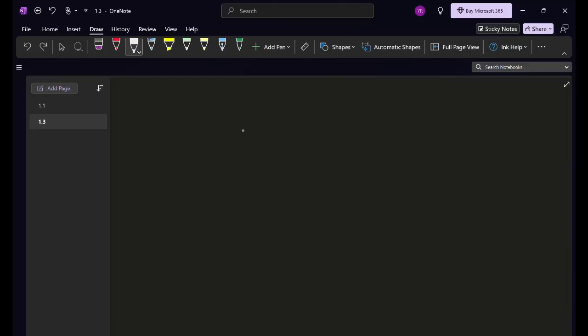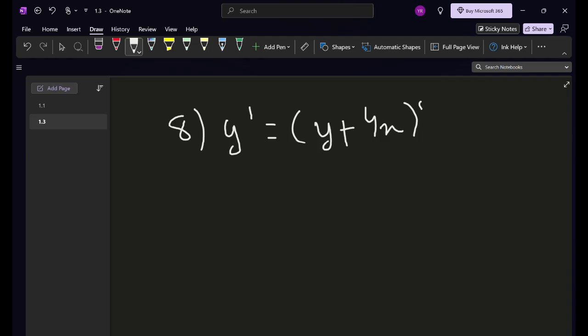Now for the eighth question. The question is given as y dash is equal to y plus 4x to the power square. As we can see, there is an addition term given over here, so it cannot be done by variable separable. So we are just gonna take y plus 4x as a certain variable, as it was mentioned in the question too.